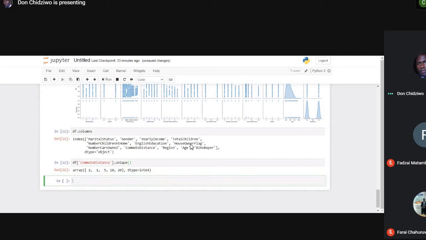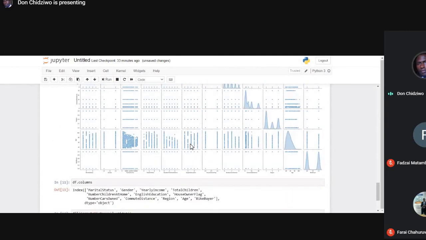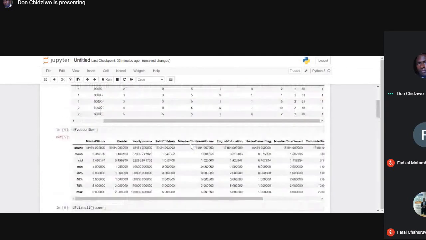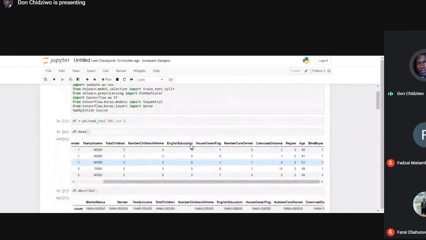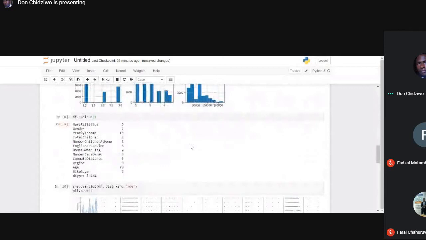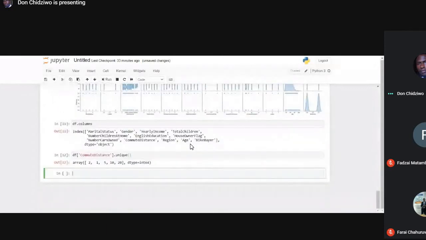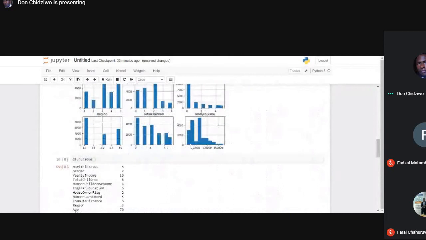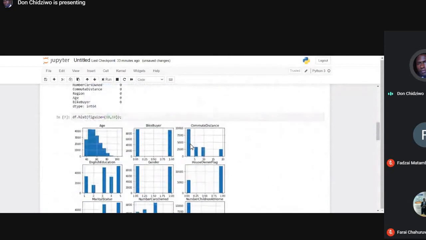So what I would think in the end would be to encode the categorical variables that are not binary.